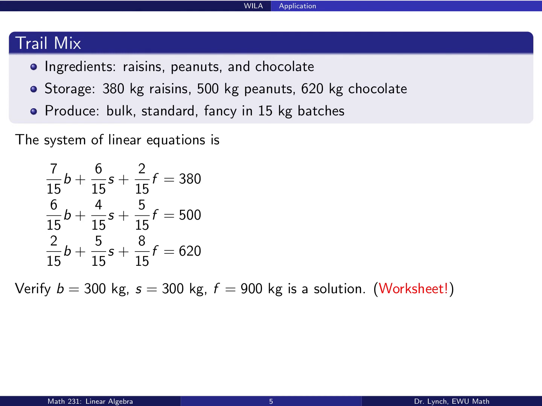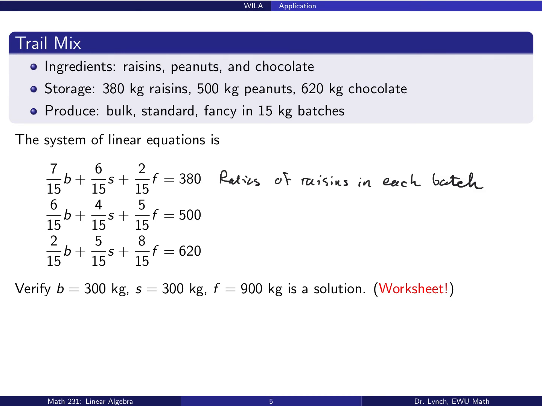So 7 kilograms out of every 15 kilogram bulk batch is raisins, 6 kilograms out of every 15 kilogram batch of the standard mix is raisins, and 2 kilograms out of every 15 kilogram batch of the fancy mix is raisins. So we see that those ratios give us this total amount of 380 kilograms used.